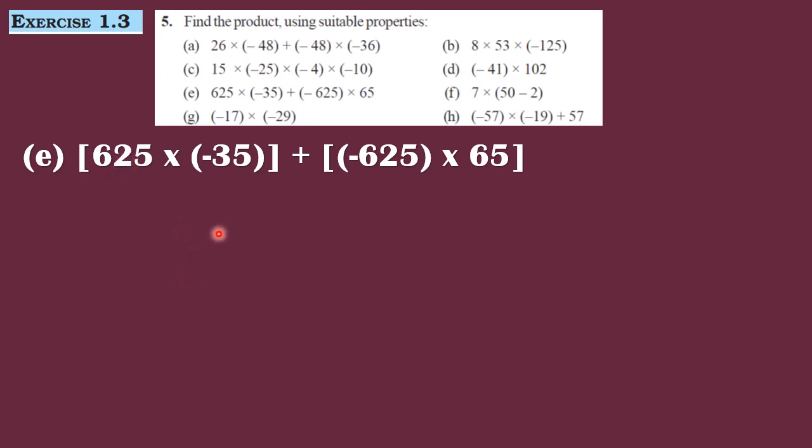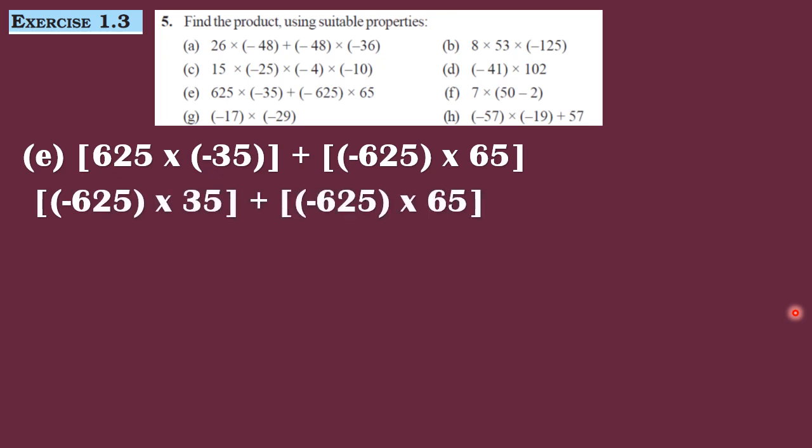You can do it in two ways. Either you exchange this minus sign with 35 to this 625, so both the 625 will become negative. Or you give this negative sign of 625 to this minus 65 so that both 625 will become positive. Any way you can do.